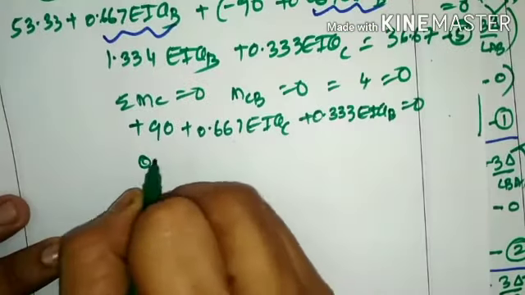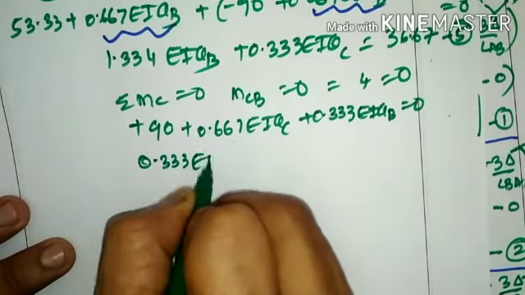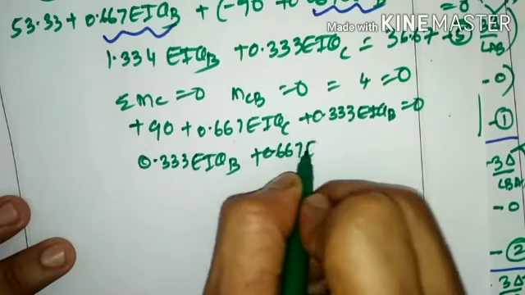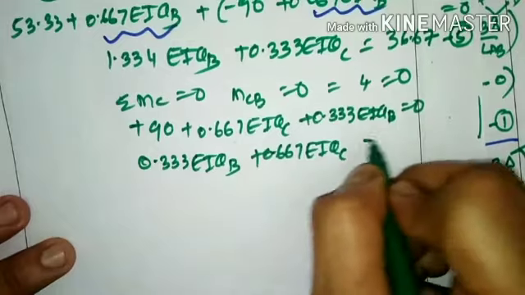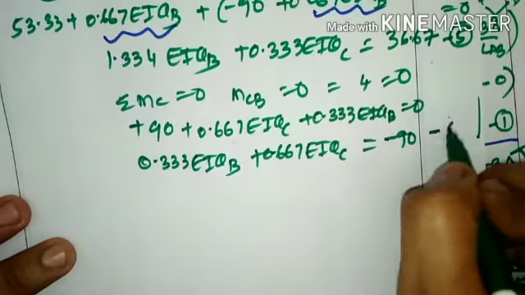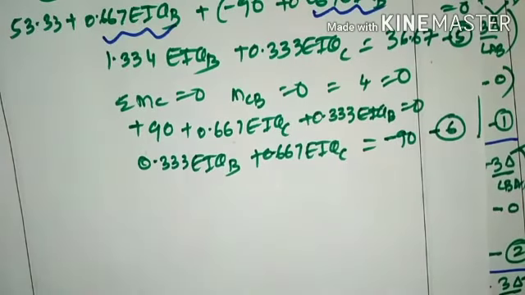Rearranging this, 0.333 EI theta B plus 0.667 EI theta C is equal to minus 90, because if you take 90 towards the right hand side, it will be minus 90. This is equation number 6.